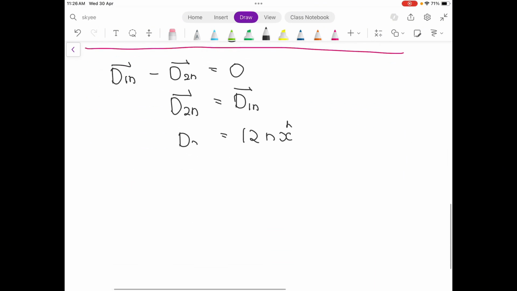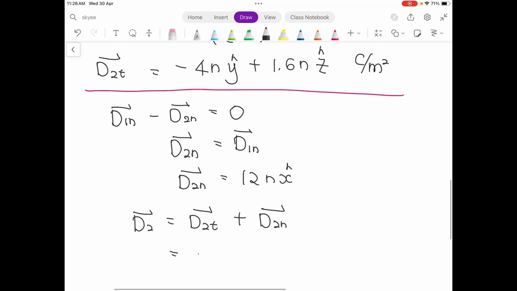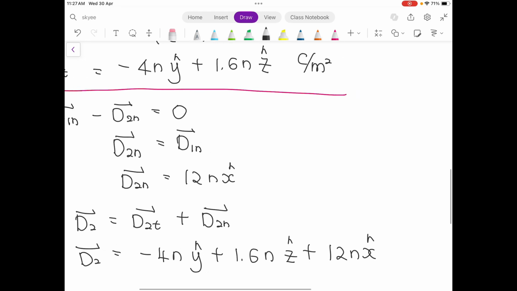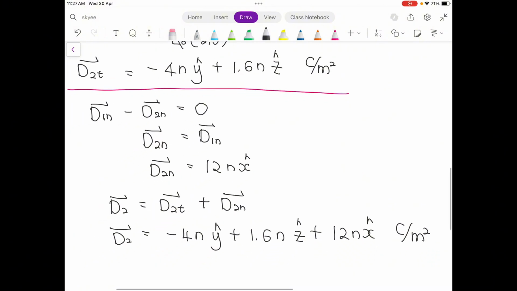This will be my D2n. So my D2 will be the combination of D2t plus D2n. It will be negative 4 nano y plus 1.6 nano z plus 12 nano x. This will be my D2, and the unit is coulombs per meter squared. So I have obtained D2.